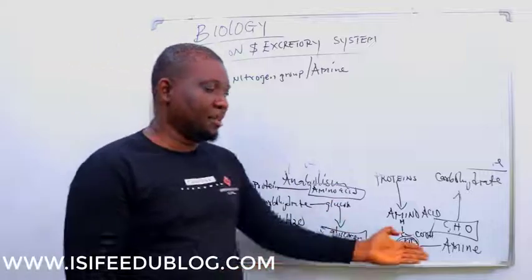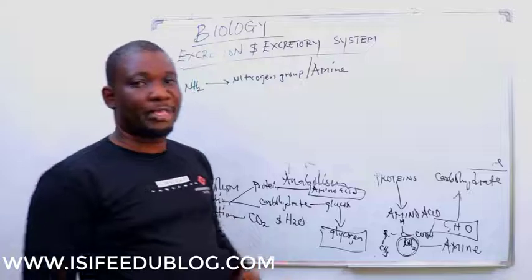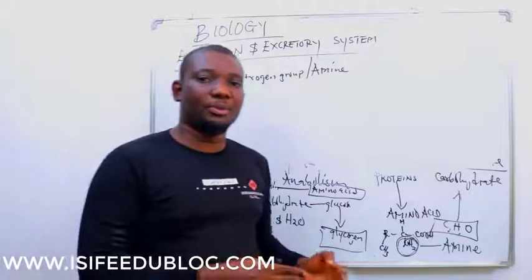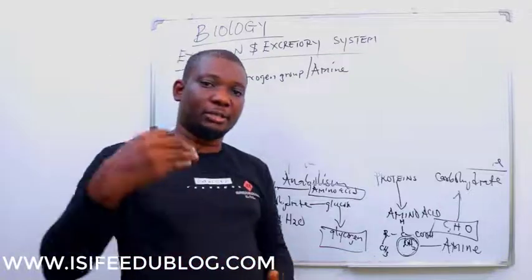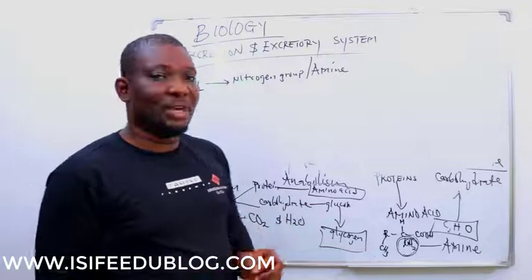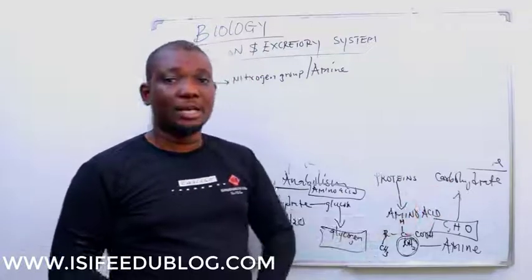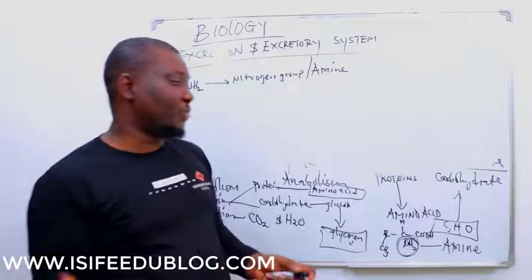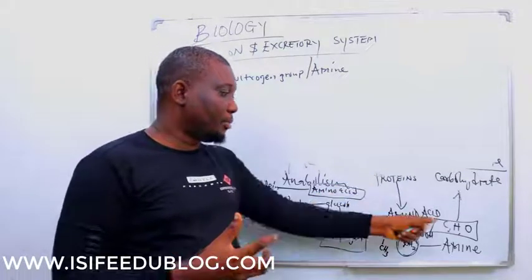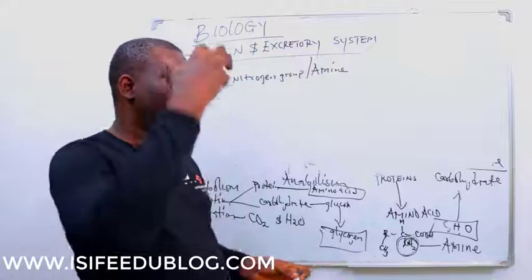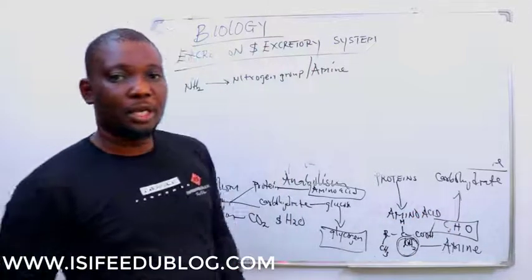Now, when this deamination process happens, the liver converts this carbon fragment. When I say carbon fragment, it's not just carbon, but other elements apart from carbon, like oxygen and hydrogen. The same liver converts these fragments of amino acid to carbohydrate. The process of conversion of these carbon fragments to carbohydrate is a pathway of reaction.